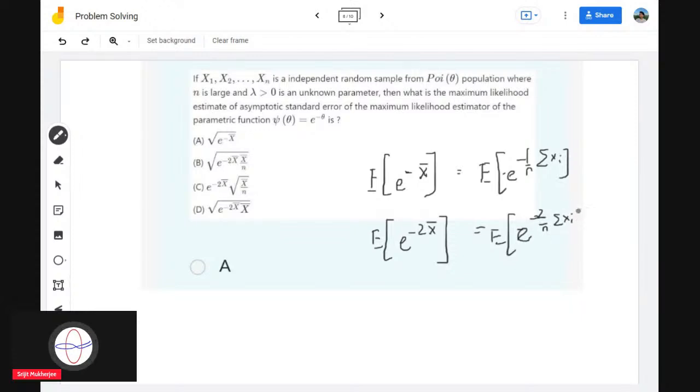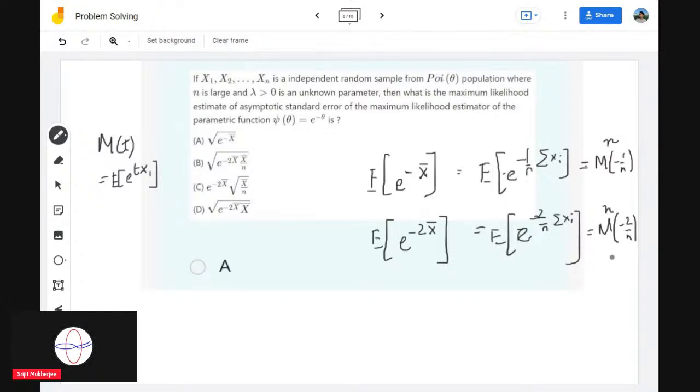So it's nothing but, if M(t) is the expectation of e to the power tX1, let's say, then this is nothing but M of minus 1 by n whole to the power n, and this is M of minus 2 by n whole to the power n, right? Did you understand, guys?